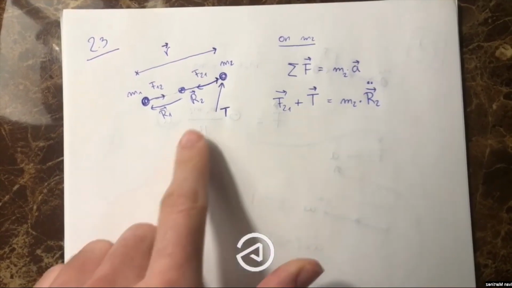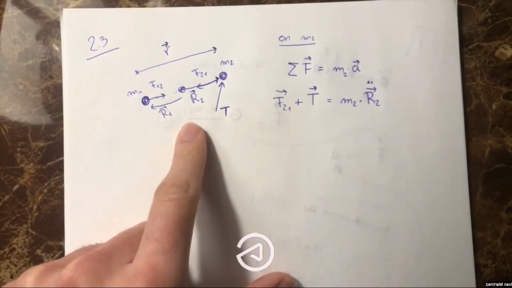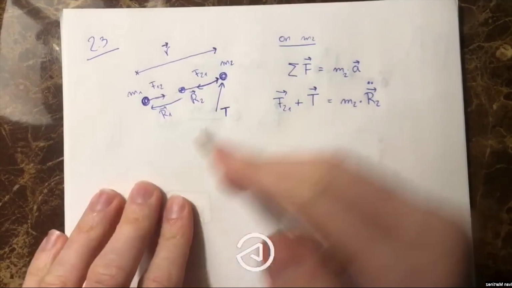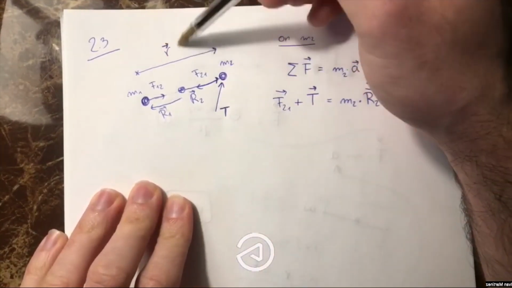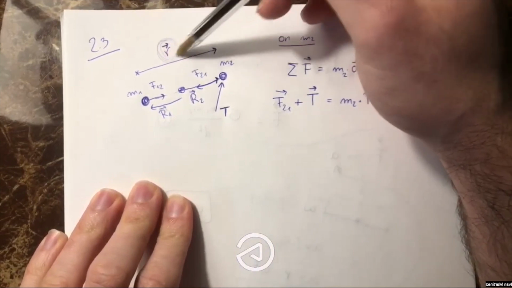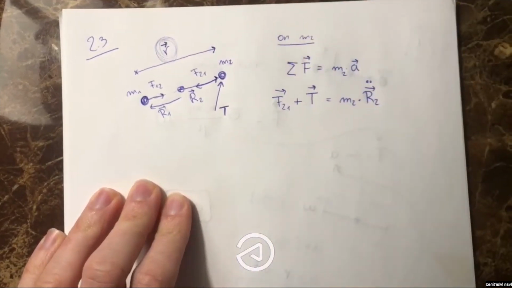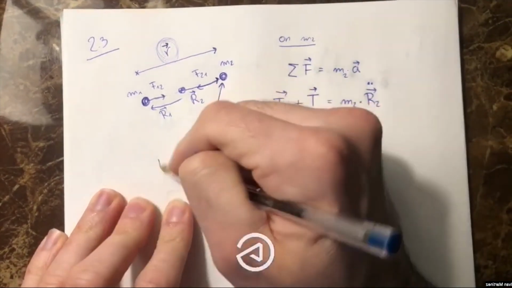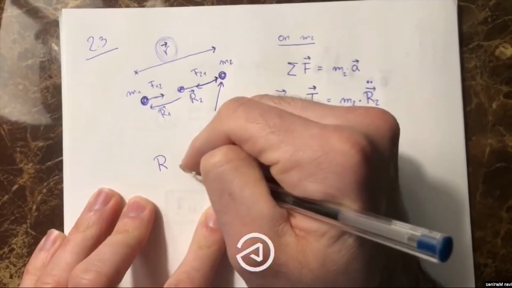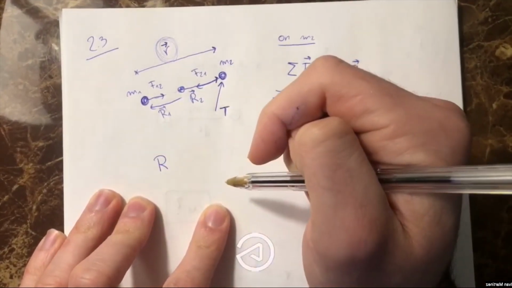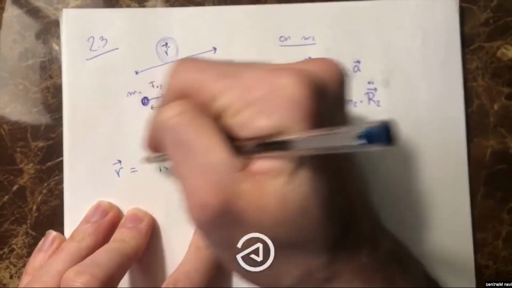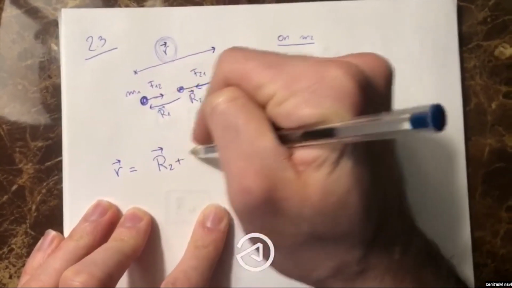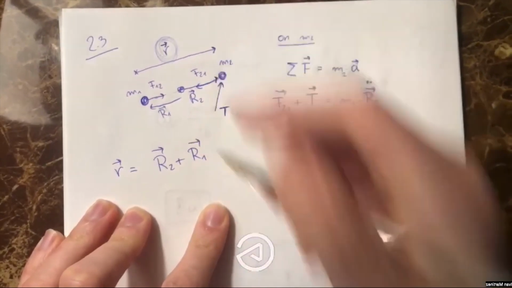What do we know about these? How are these R's related? Remember, we're trying to find R2 as a function of this. So we can write R like this.